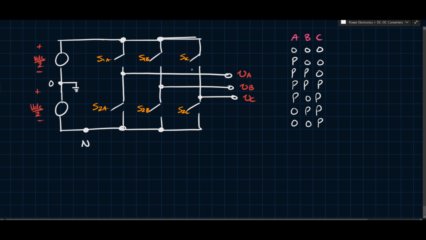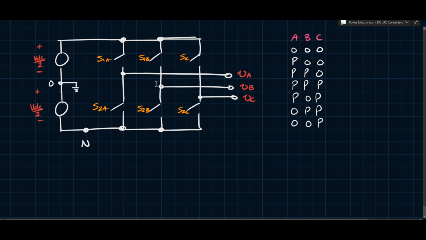If S1B and S1C are off, that means S2B and S2C must be on, meaning voltages VB and VC must be negative, right? So you can work through each of the switching conduction states based on this type of analysis, if you will.